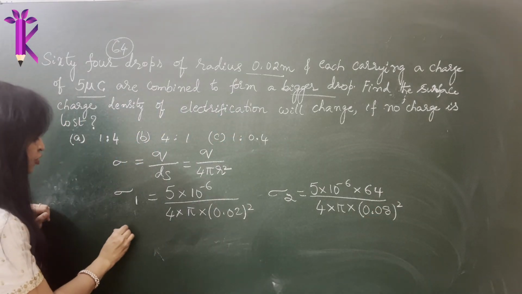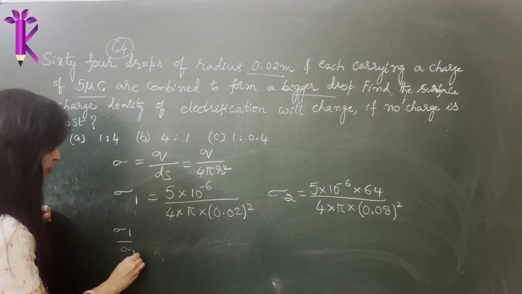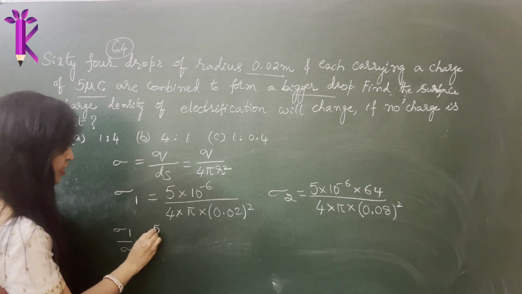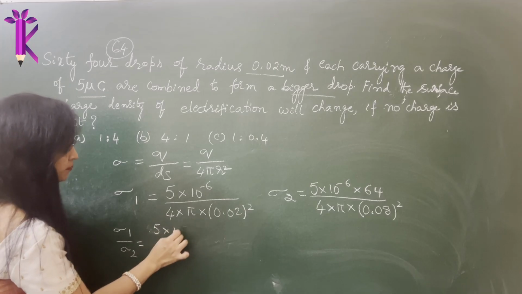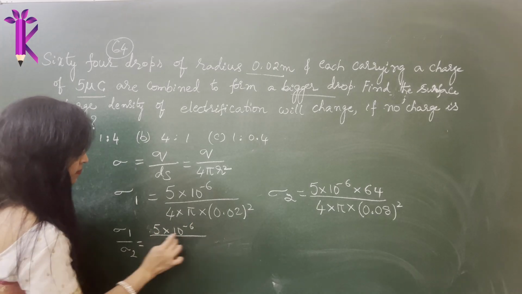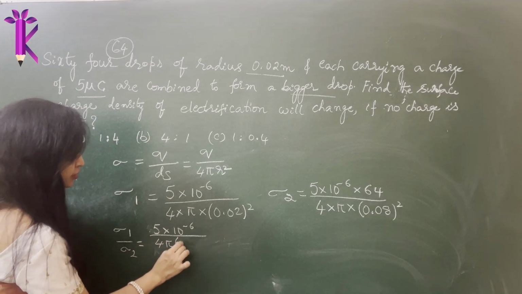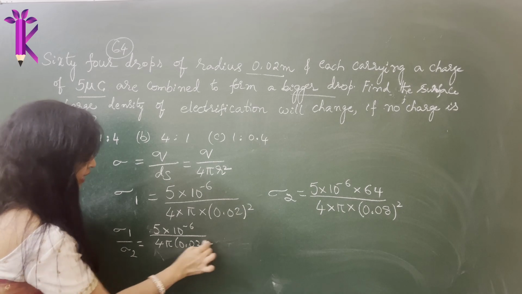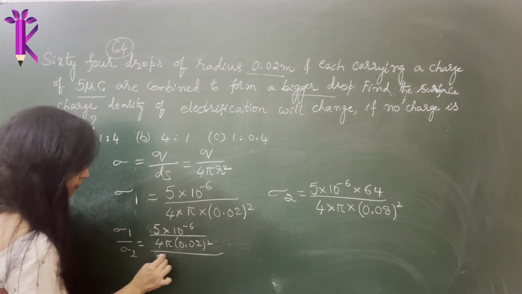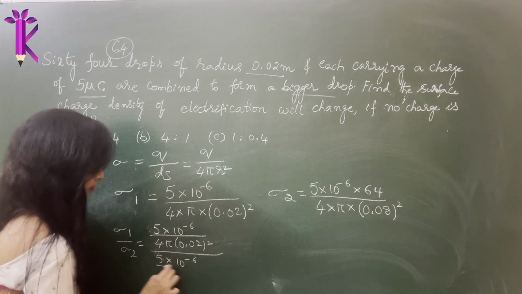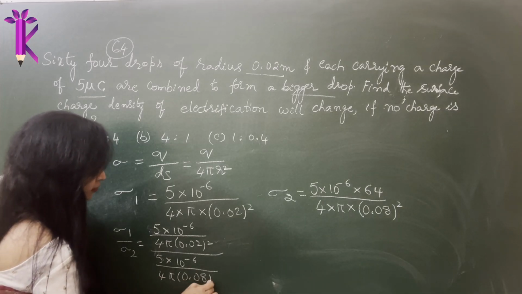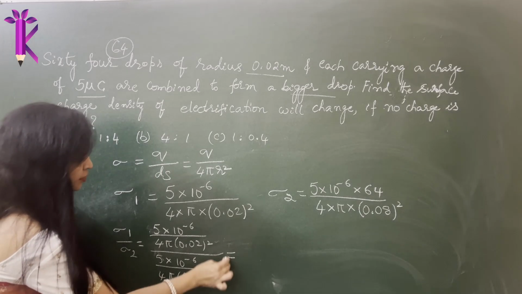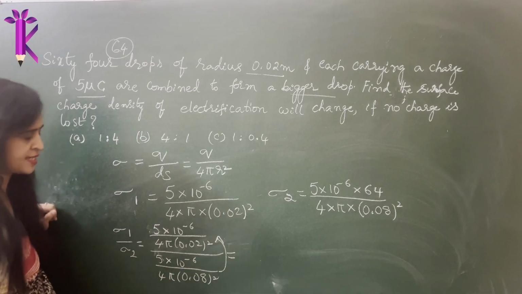Now we need the ratio of sigma 1 divided by sigma 2. I will let you do the simplification. I will first write it. So 5 into 10 power minus 6 divided by 4 pi into 0.02 the whole square, whole divided by 5 into 10 to the power of minus 6 divided by 4 pi into 0.08 the whole square. If you bring it to the numerator, this part gets inverted.